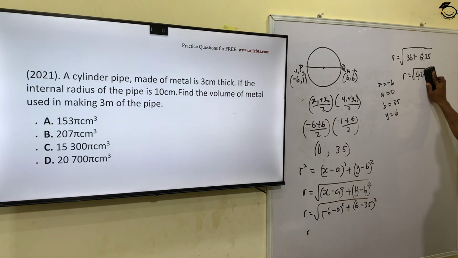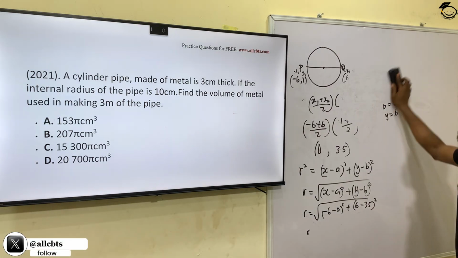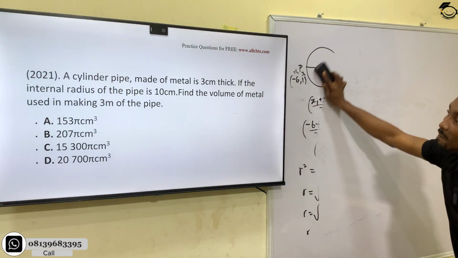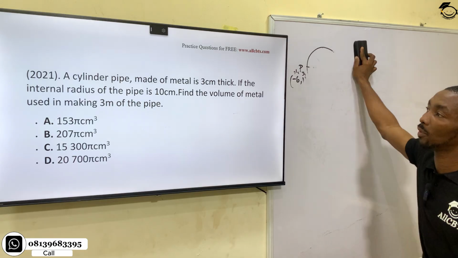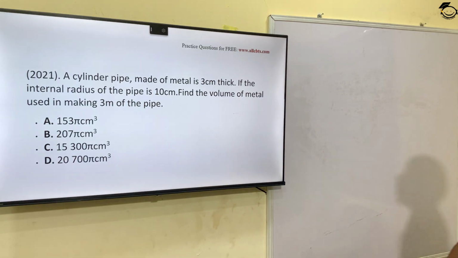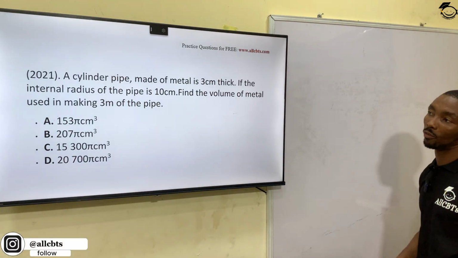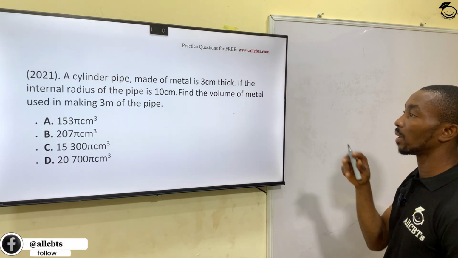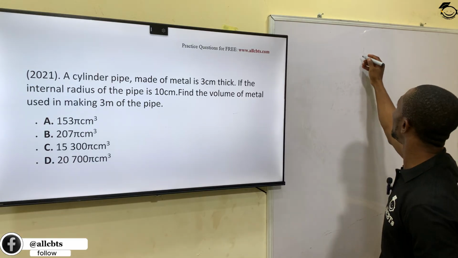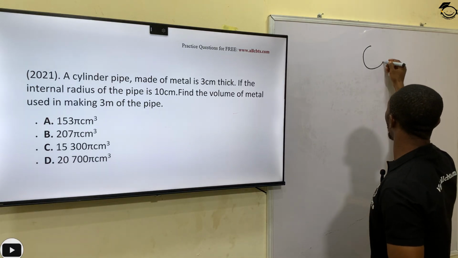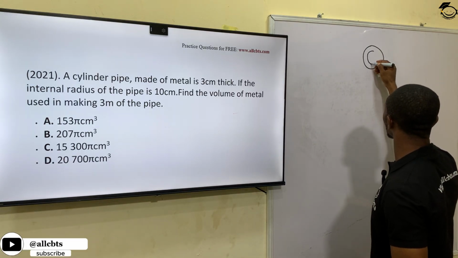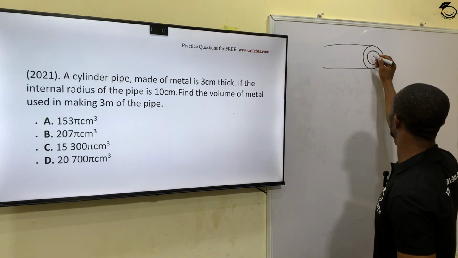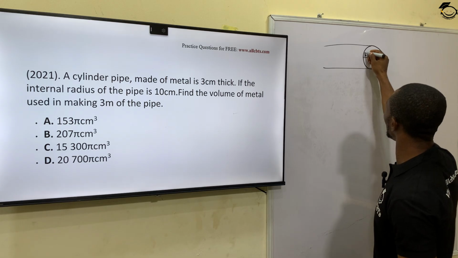And next, it says a cylindrical pipe made of metal is 3 centimeters thick. If the internal radius of the pipe is 10 cm, find the volume of the metal used in making 3 meters of the pipe. Now, we have a cylindrical pipe that is 3 centimeters thick.